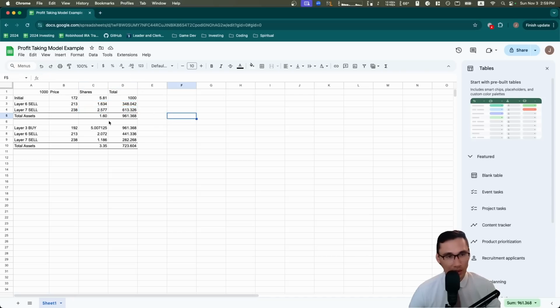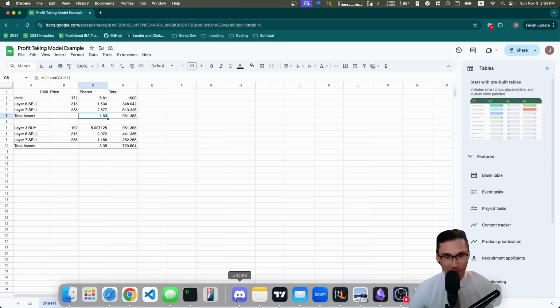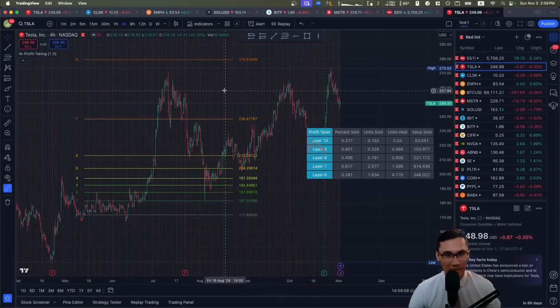So at the end of this sequence, I guess, you would still have 1.6 shares remaining and you almost have your cost basis back, right? So you would have between the two sells, you would have $961 in cash, and you would still own 1.6 shares of Tesla, okay?